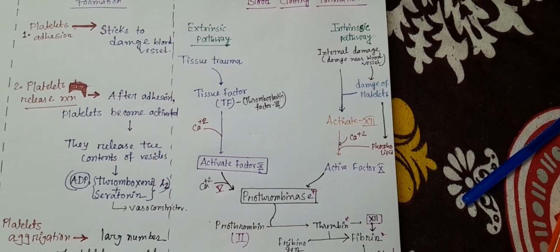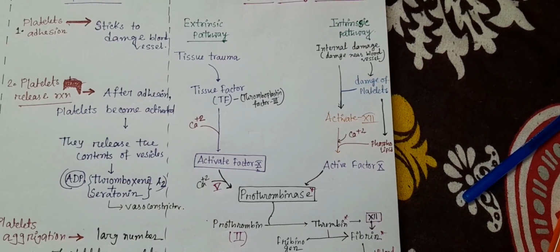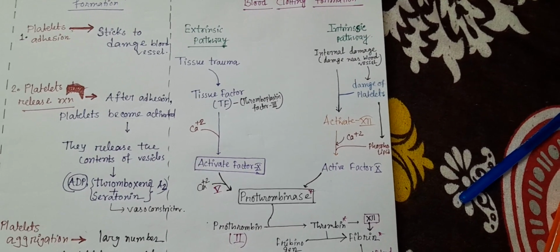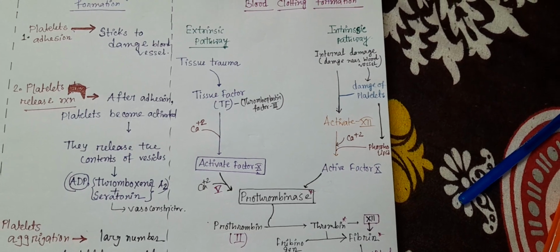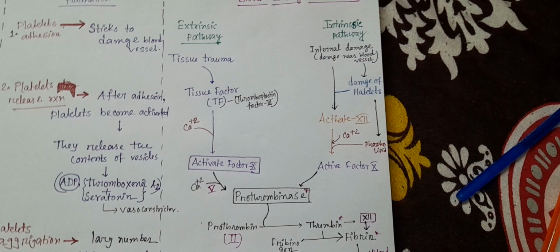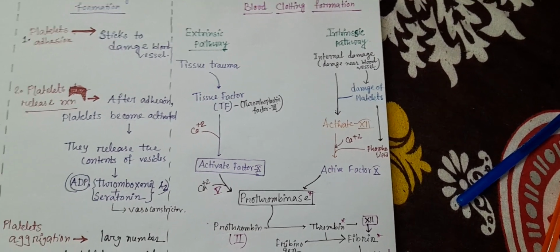And these tissue factors along with calcium activate another protein factor known as factor 10, and then factor 10 along with calcium and another factor, factor 5, activate an enzyme known as prothrombinase. Up to this is the extrinsic pathway.